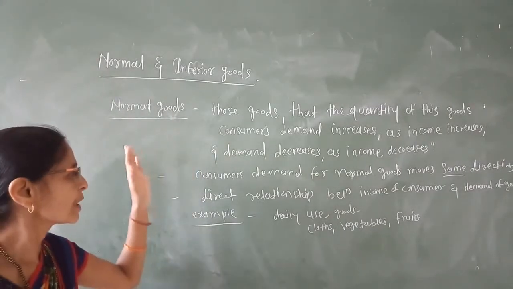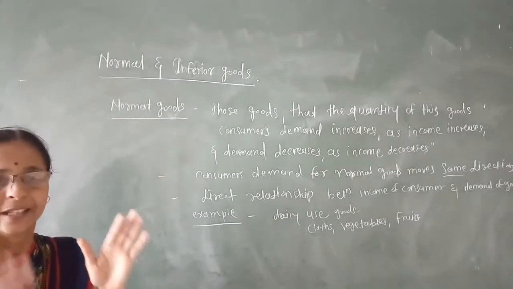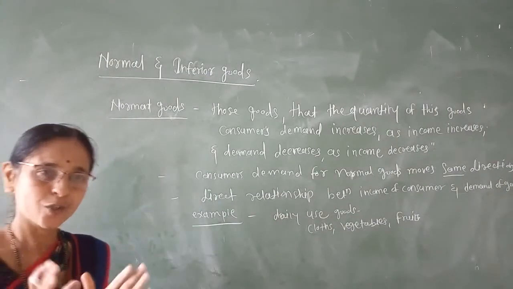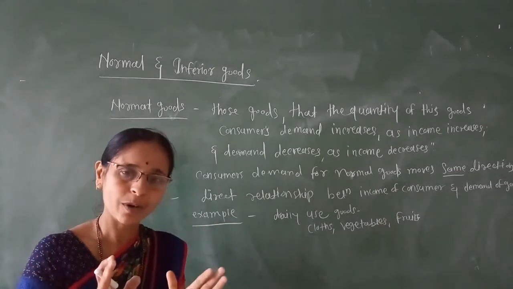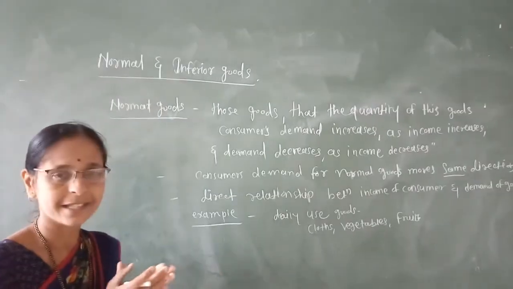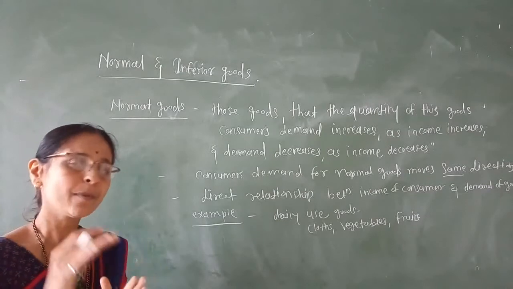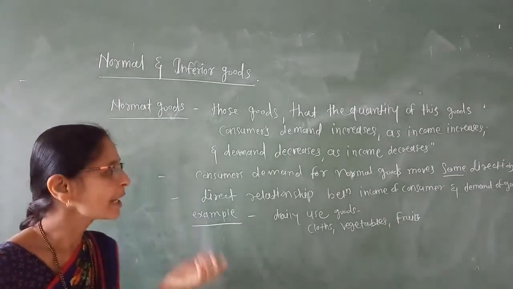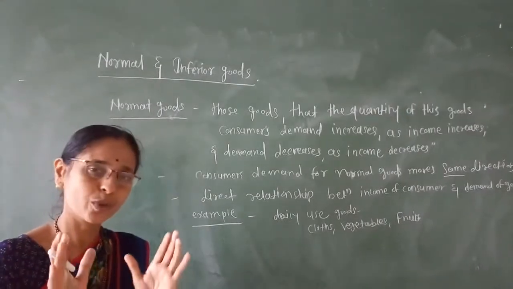So students, normal good means as the income of the consumer increases, the demand for that good also increases, and if the income of the consumer decreases, then the demand for the normal good also decreases.